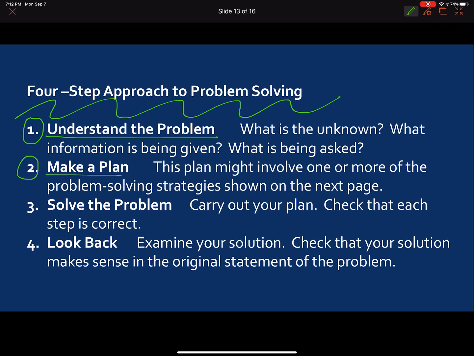This plan might involve one or more of the problem-solving strategies shown on the next page. Number 3, solve the problem. Go ahead and carry out your plan. Check that each step is correct. And number 4, look back. Examine your solution. Check that your solution makes sense in the original statement of the problem. Ask yourself, is this a reasonable answer?